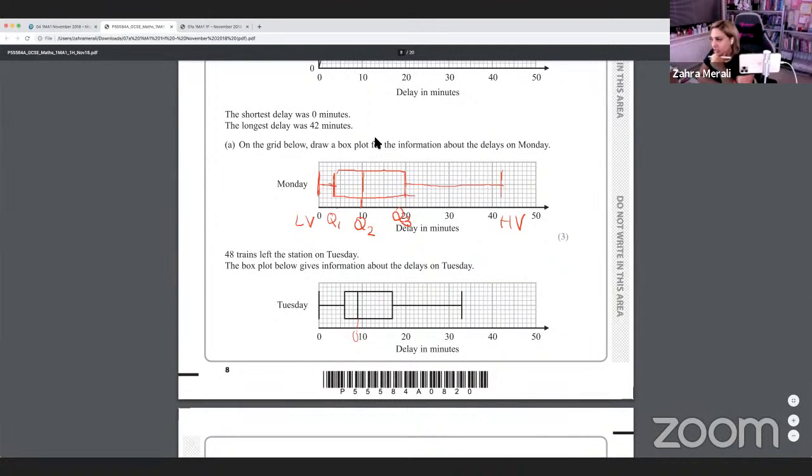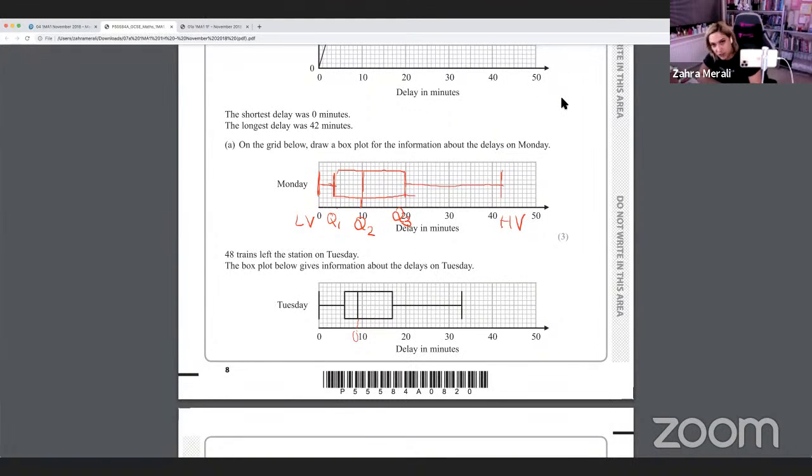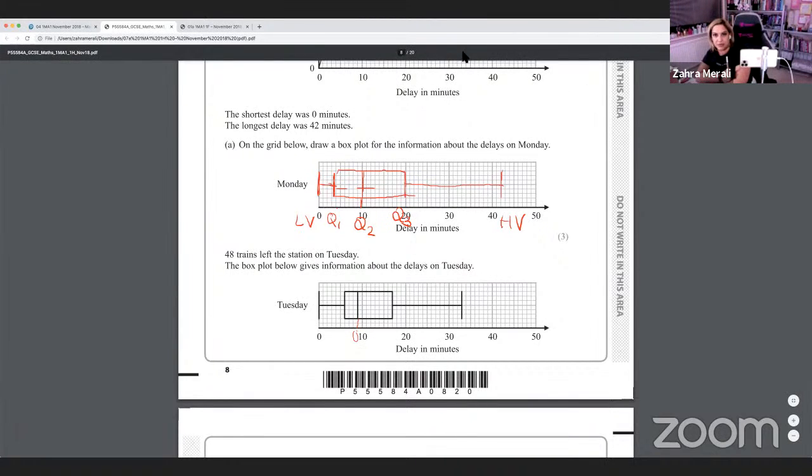The interquartile range on Tuesday was lower. So what does that mean? If your interquartile range is lower, what we're saying is this space over here, so let me do it, this bit of the box is smaller than this bit of the box.